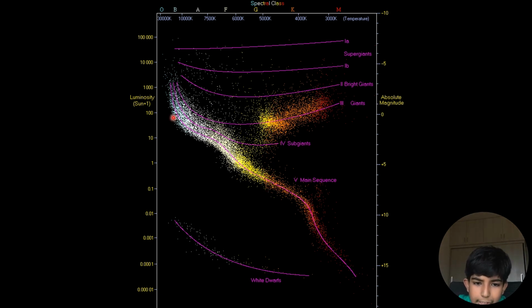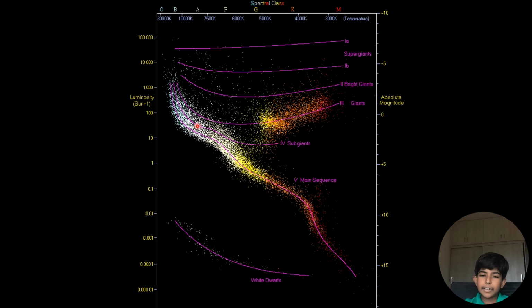When the O-type stars run out of hydrogen, they become supergiants instead of normal giants because they are much more massive.